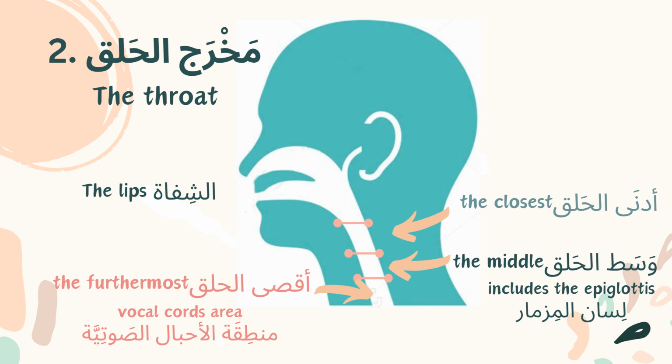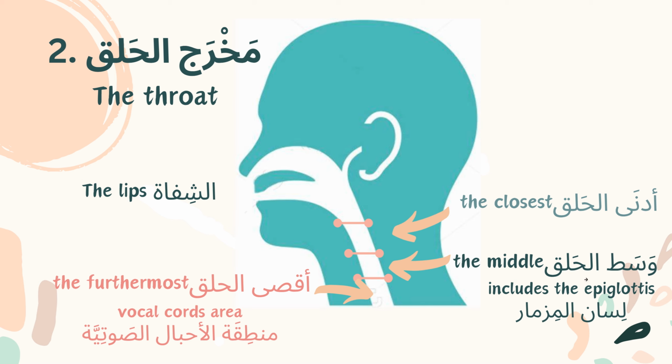As we previously mentioned, the throat is one general exit, but the difference between al-jawf and the throat is that the throat has 3 specific exits. We have aqsa al-halq, the furthermost part, where the vocal cords area is, and it's this part.